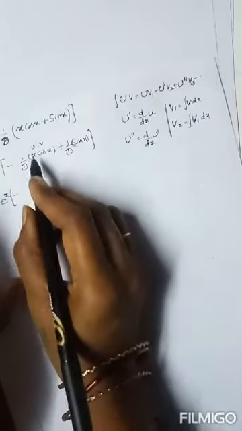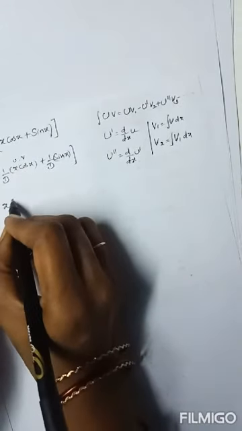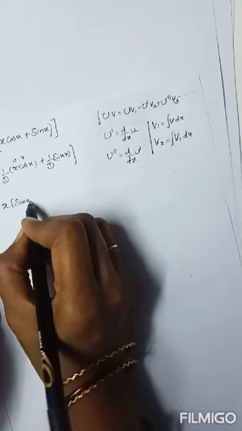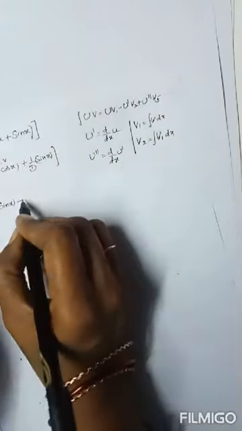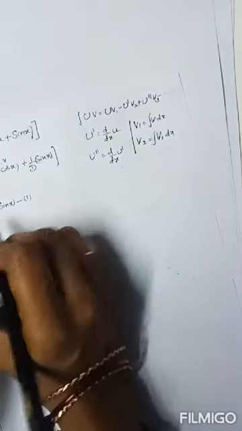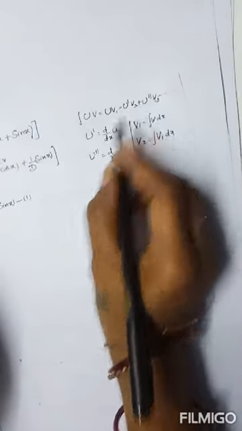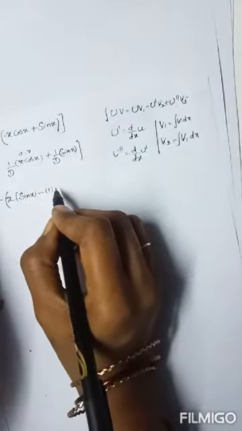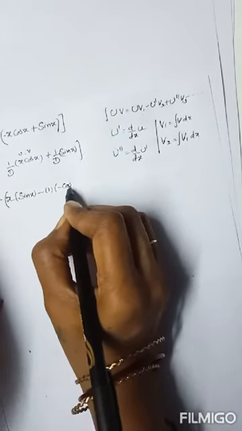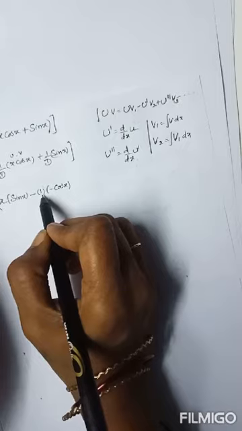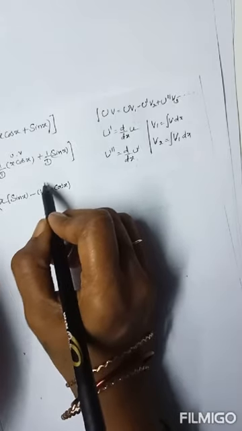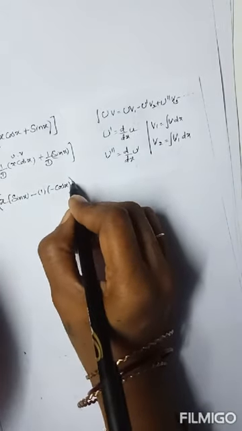Likewise, here also u into v1: u is x, and the integration of cos is sin x. u v1 minus, with alternate signs. u dash, the differentiation of x, is 1. v2 is the integration of v1, so the integration of sin x is minus cos x. The sign is plus, and the differentiation of u dash is 0, so no further step.